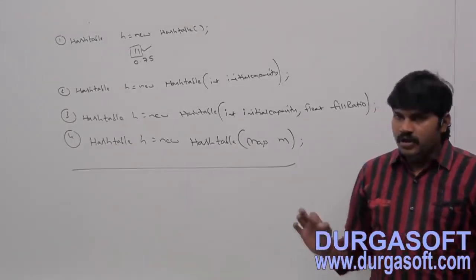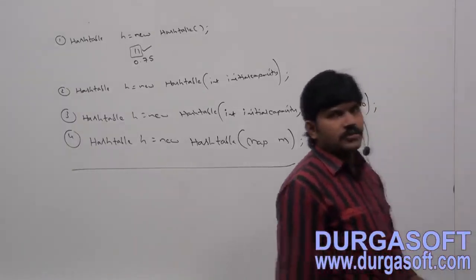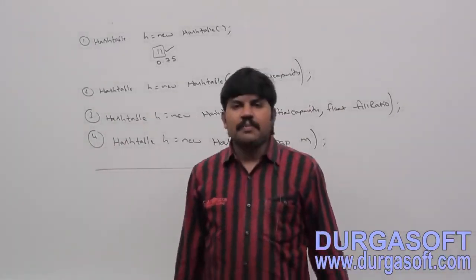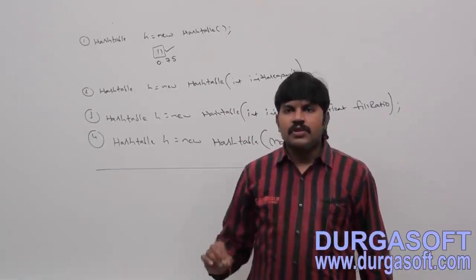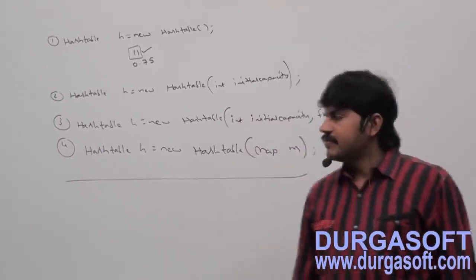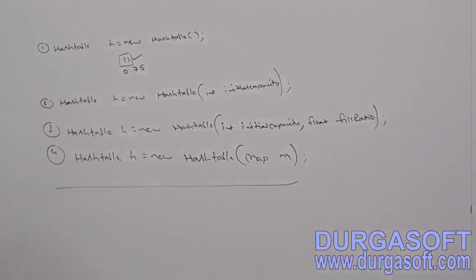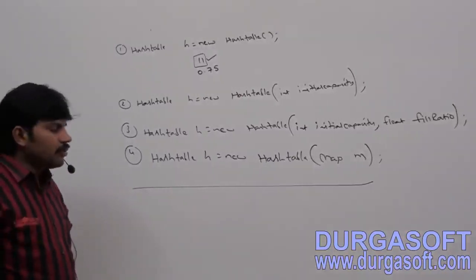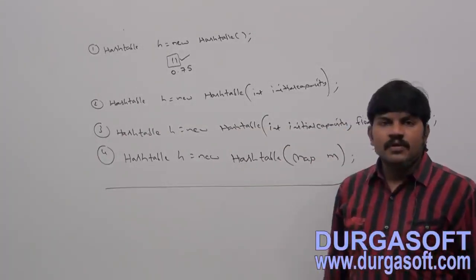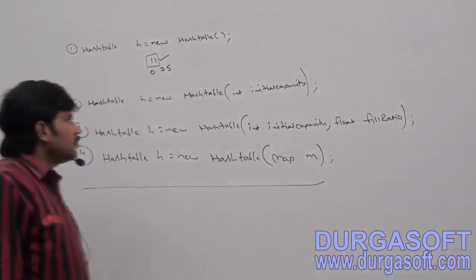Hash table h is equal to new hash table creates an empty hash table object with the default initial capacity 11 and the default fill ratio 0.75.